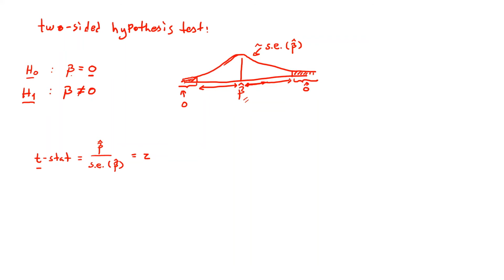The way we can use the z-table is to find the tail probability of getting a number further away from the null hypothesis than our beta hat. I think it's better to show by example.